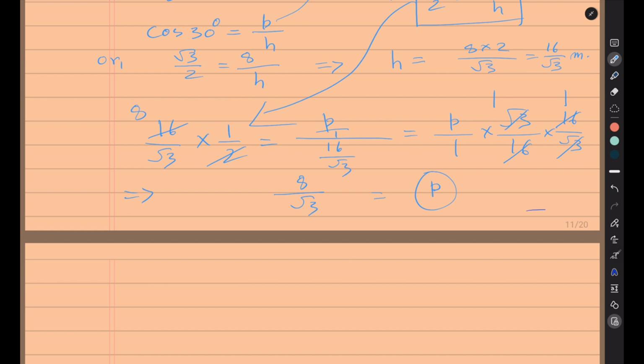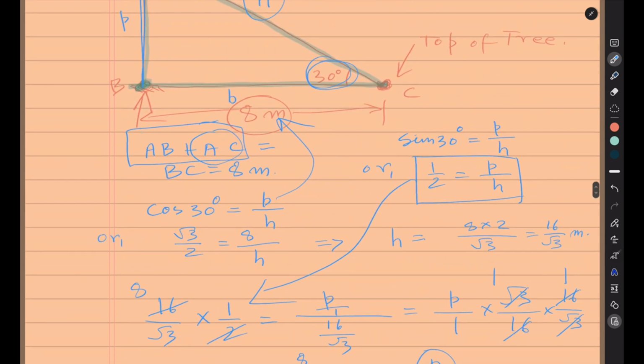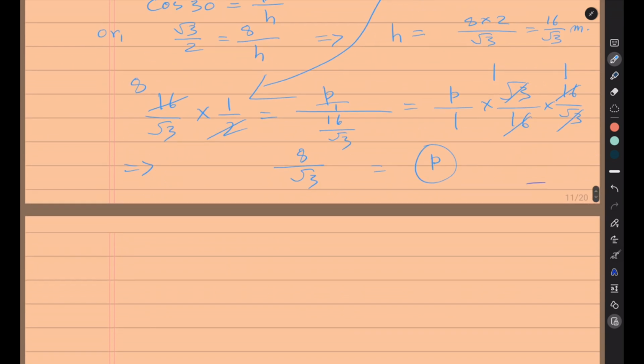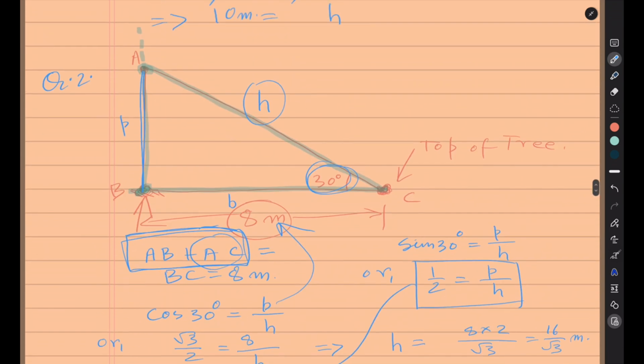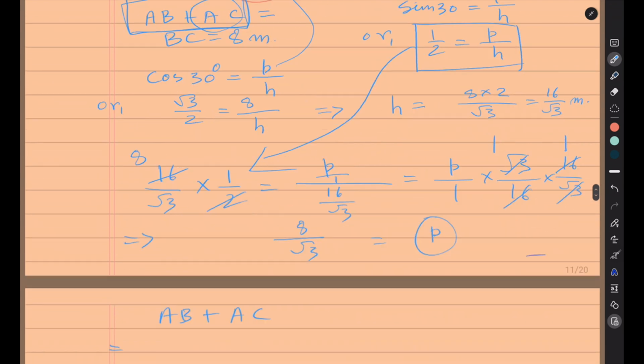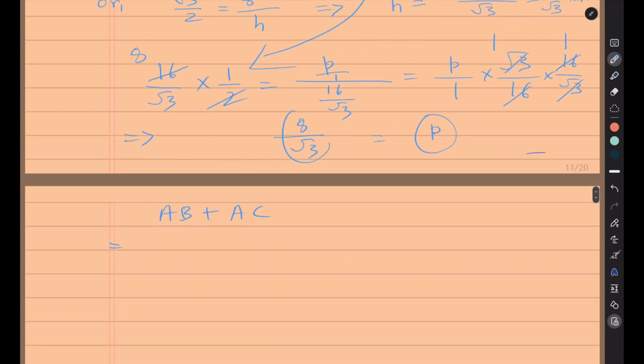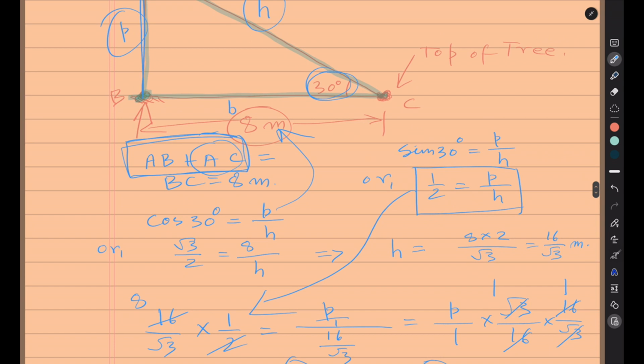Now what is the height of the tree? It is AB plus AC. But AB is P, and we have already found out what is P. 8 divided by root 3, plus what is AC?